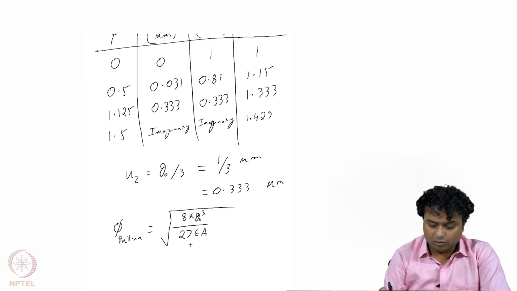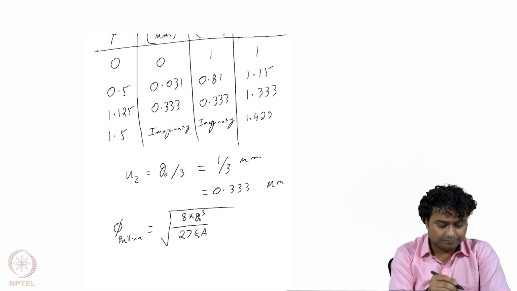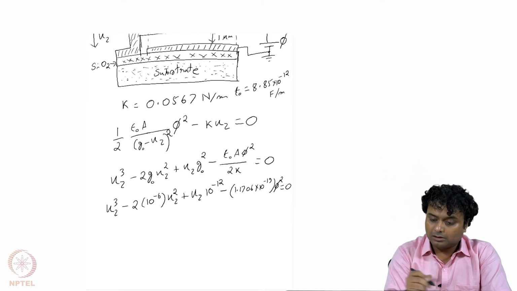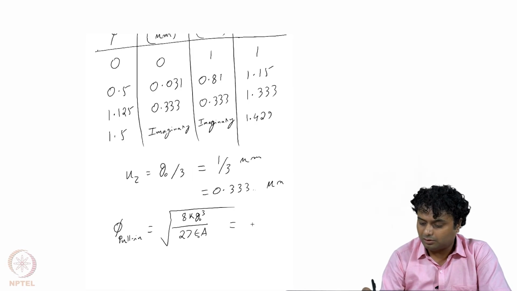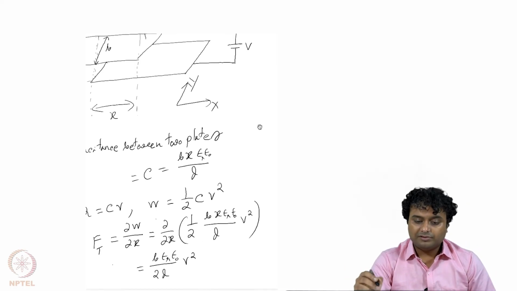And here if we put all the values, because epsilon naught we already know, and a is 1500 micrometer square, g0 is 1 micron, and k is already given as 0.057 Newton per meter, and if we put all those values, then we will get phi pull-in equal to 1.125 volt.